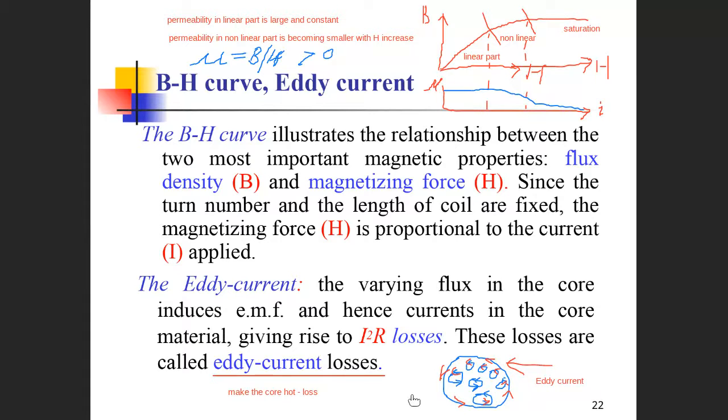There are many small poles. It doesn't matter actually because this is just a theory, but in practice we need to carry out experiments to record the energy losses. So this slide tries to explain two new concepts. One is the BH curve.